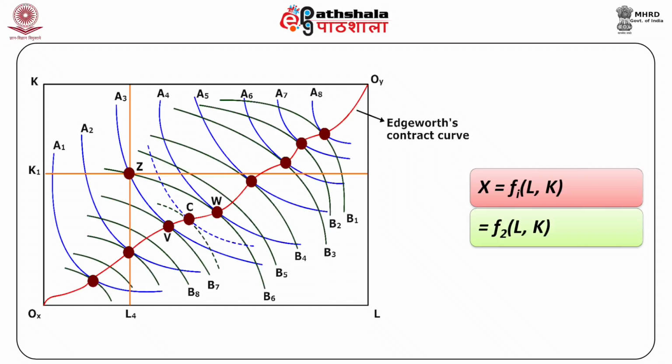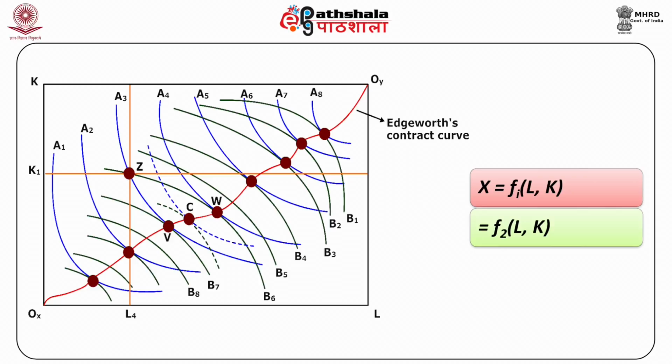We said that we want to answer two questions. How does optimization take place? As we have shown, optimization takes place when the two isoquants are tangential to each other, and we have three examples for this at V, at C and at W. Similarly, we have got other pairings.